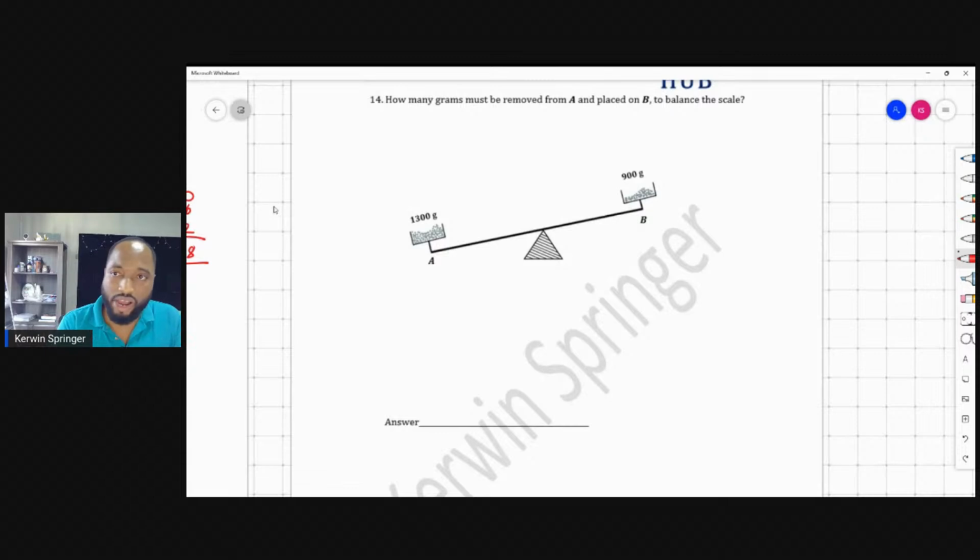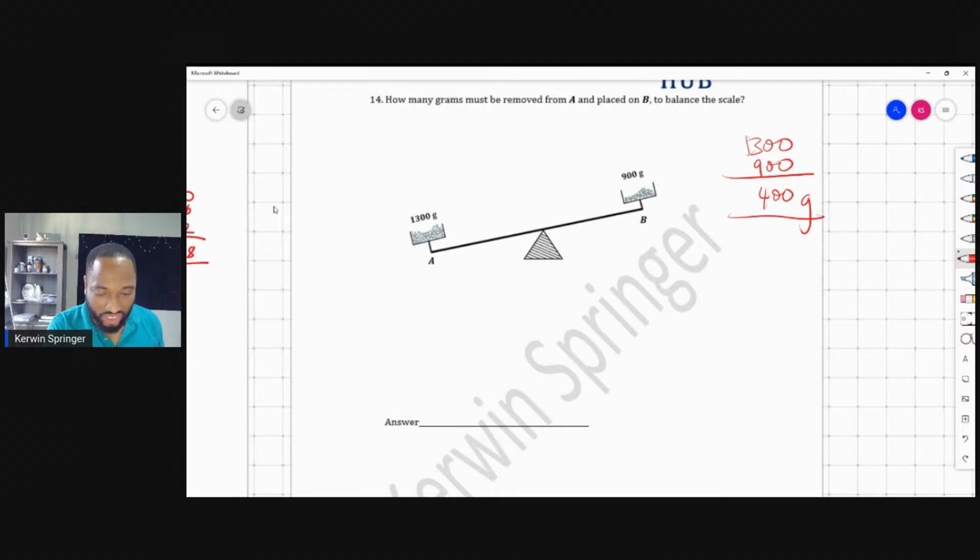Let's keep going. How many grams must be removed from A and placed on B to balance the scale? Now, you may be tempted to just subtract. How many of you all are feeling to just subtract this? If you say 1300 take away 900, you get 400 grams.